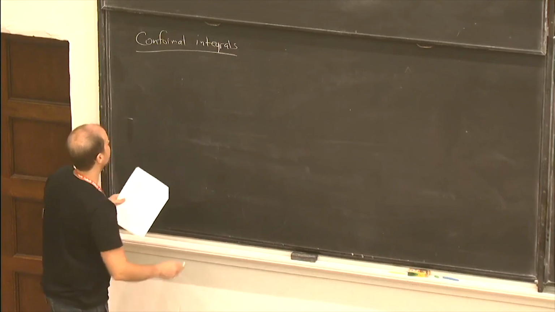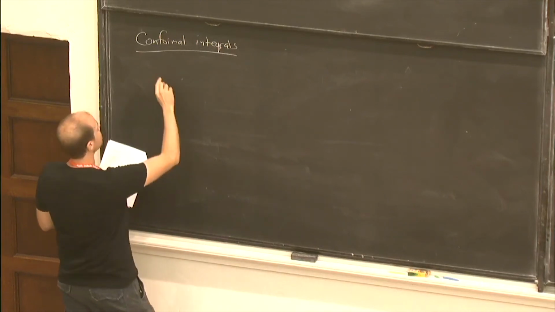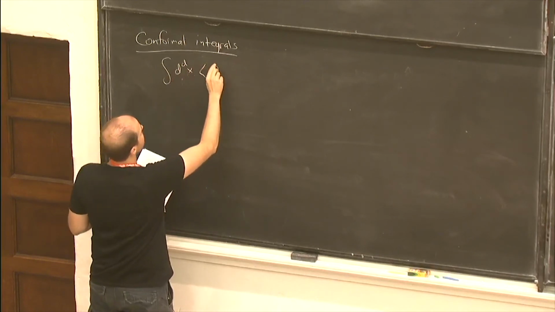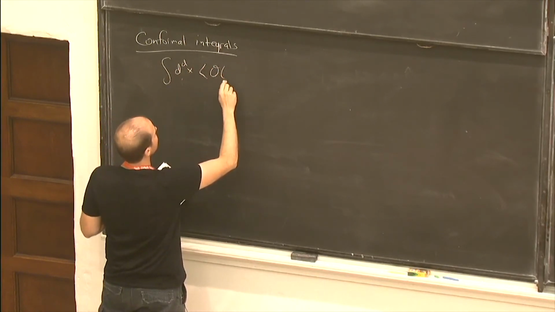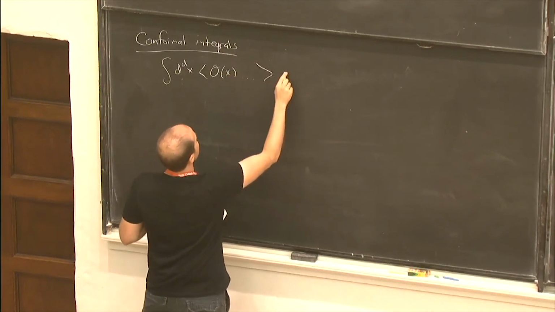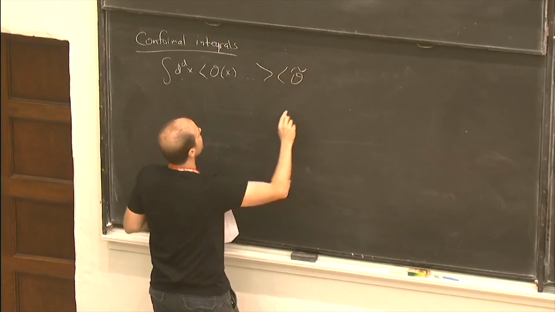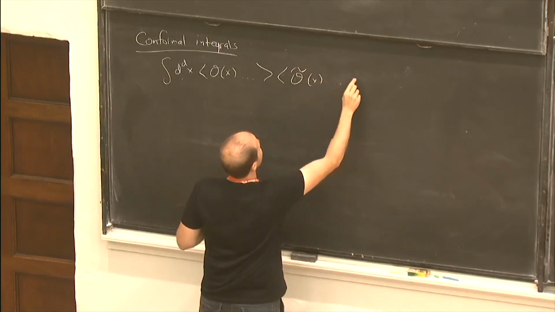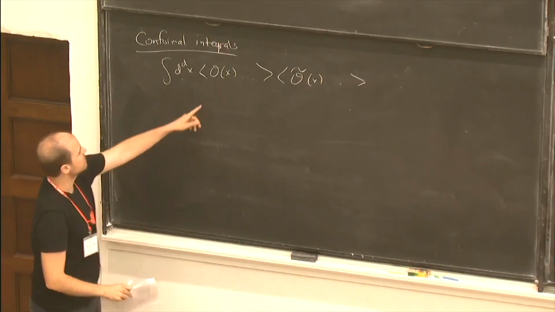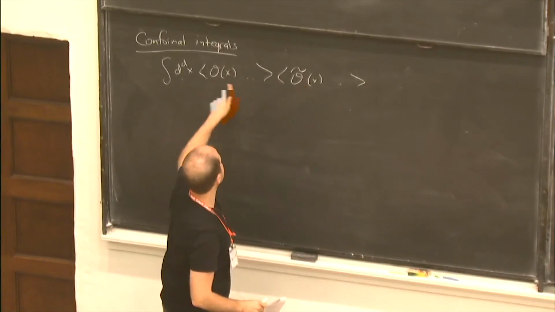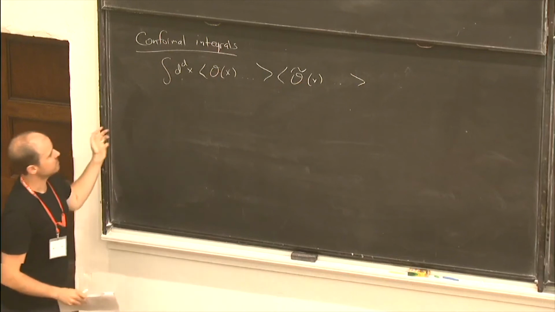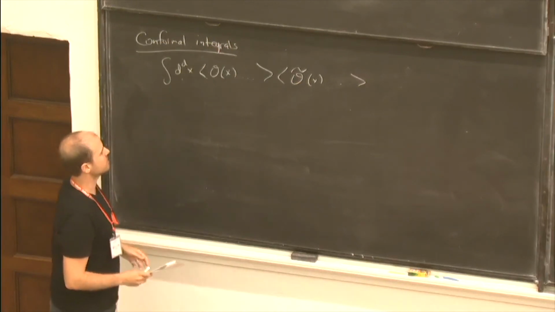The first point is that you can integrate a function that transforms in some principal series representation times a function that transforms in the shadow representation in a conformally invariant way. The reason you can do this is that this thing has dimension Δ, this has dimension d − Δ, and this has dimension −d. The sum of all of those is 0, and so this integral respects conformal invariance.